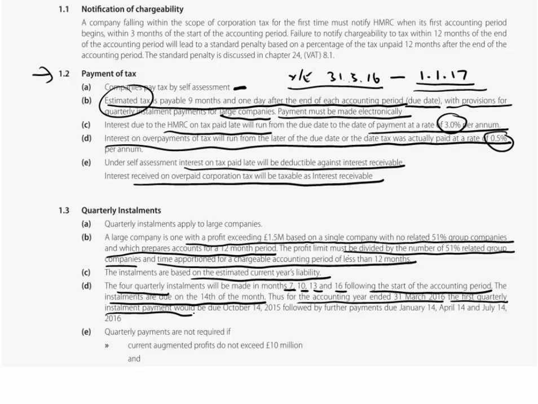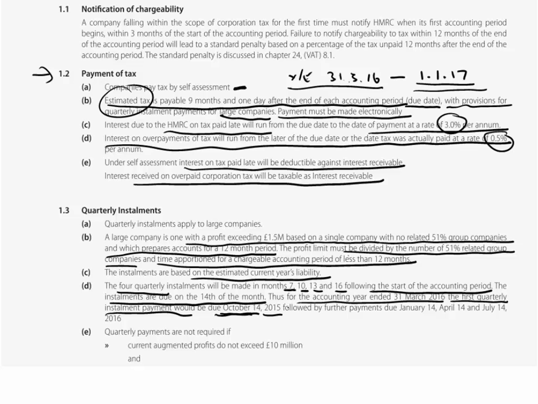So start counting through from April of 15, and when you get to October 15, that is the 7th month. So on the 14th of October 2015, you will have to make a quarterly instalment payment, which of course will be 1 quarter of the estimated liability for this accounting period.